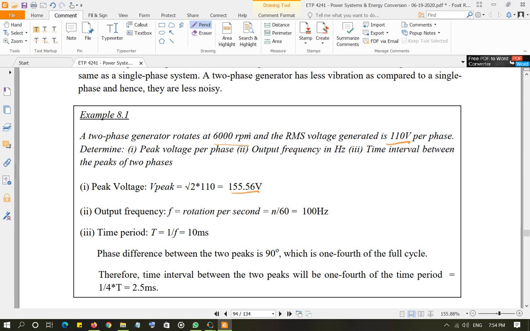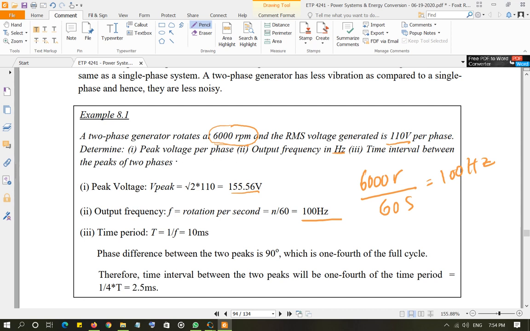For the output frequency in hertz, since RPM is given as 6000, remember hertz is rotations per second. So you change minutes into seconds, 1 minute is 60 seconds, and that gives you 100 hertz, or 100 rotations per second.